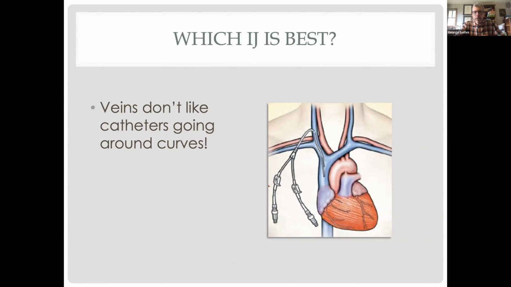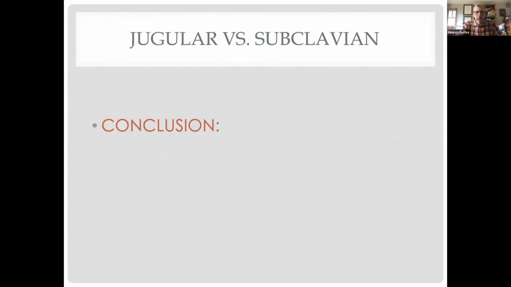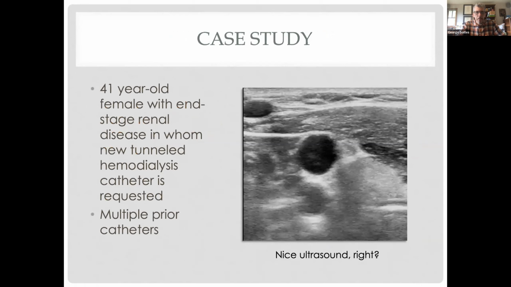So if you know your anatomy, here's your basic venous anatomy. The right IJ is great because it goes straight down. And there have been plenty of studies that support that. So bottom line, IJ versus subclavian, IJ wins with an exclamation point. Of the IJs, the right IJ is the best.